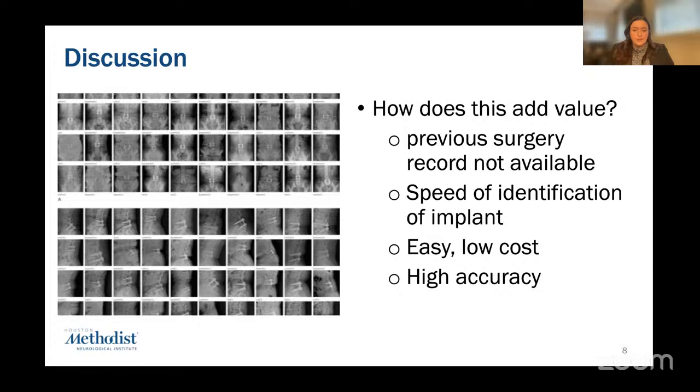And then obviously it's low cost. If you have an algorithm that works and you can implement it very quickly, that would be useful. And another thing, which I think is just the gold star, is high accuracy.